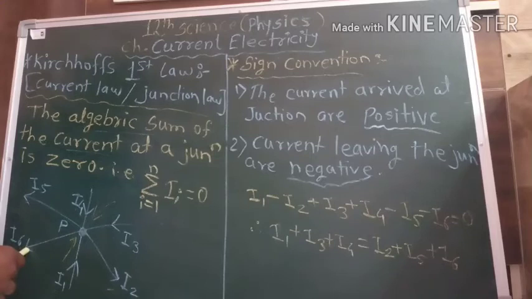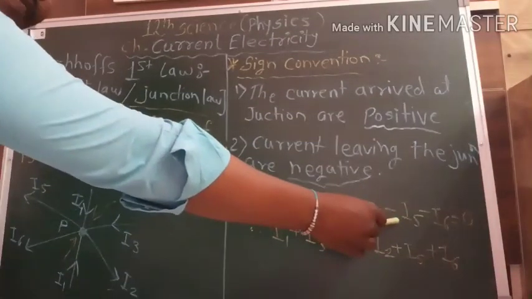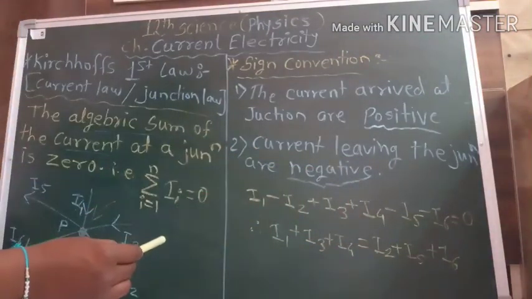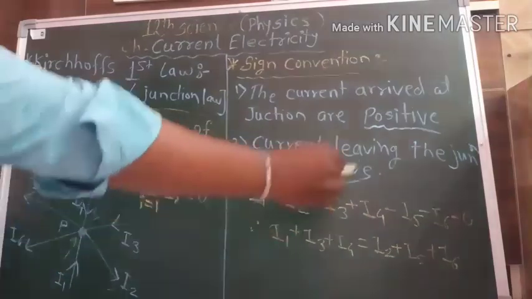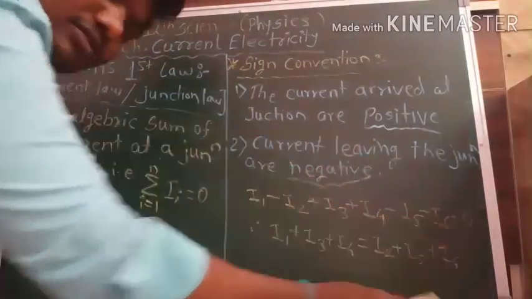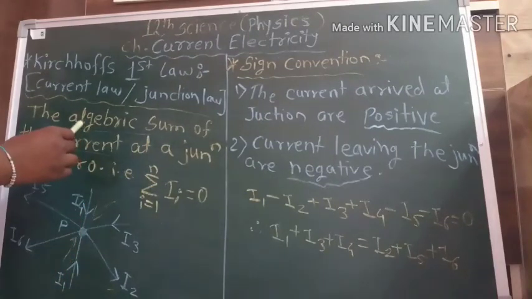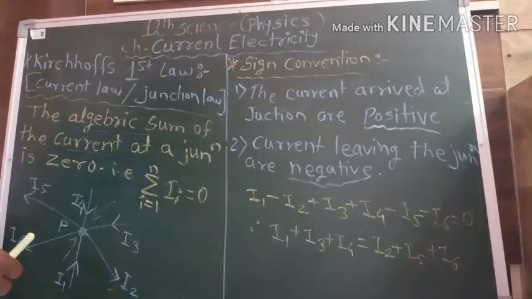I5 and I6 go away from the junction, so they are minus I5 minus I6, and the whole summation is equal to 0 by the definition of the current law, Kirchhoff's first law.